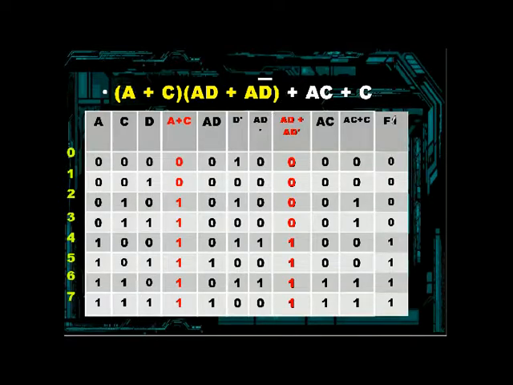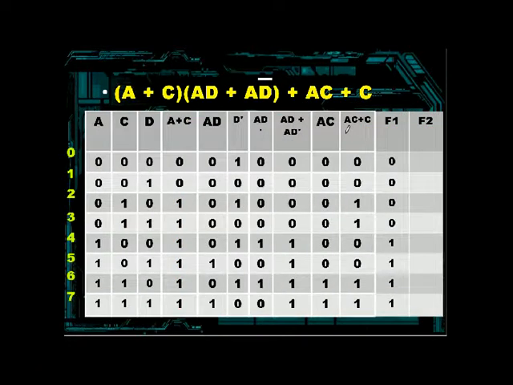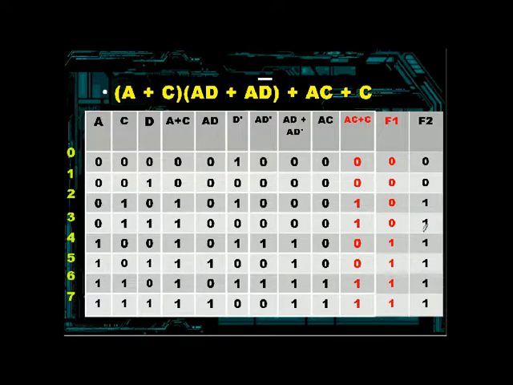Now what do we do? I'll do this one, F1 with this, or this and this, or 0, 0, 1, 1, all of them ones. This is an OR. So now we have the truth table.